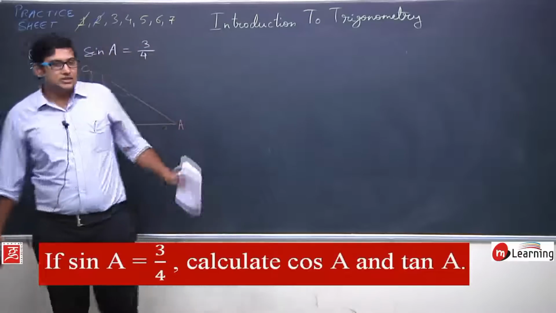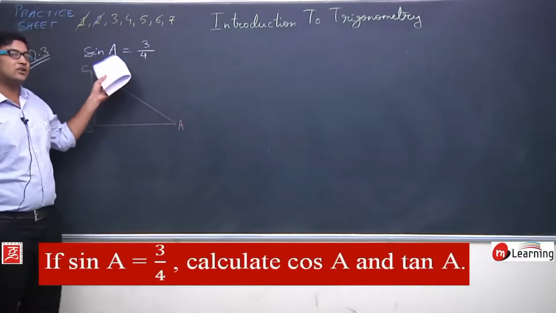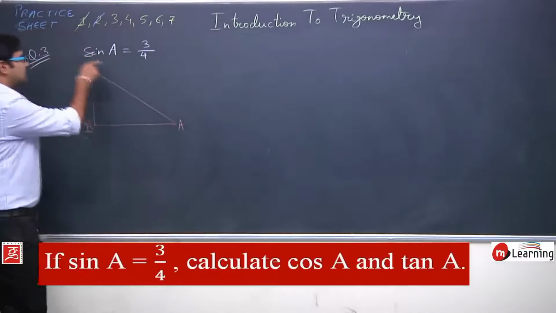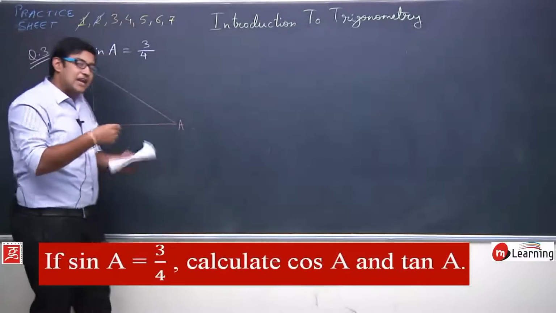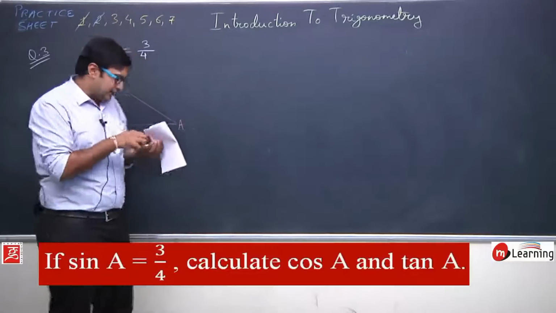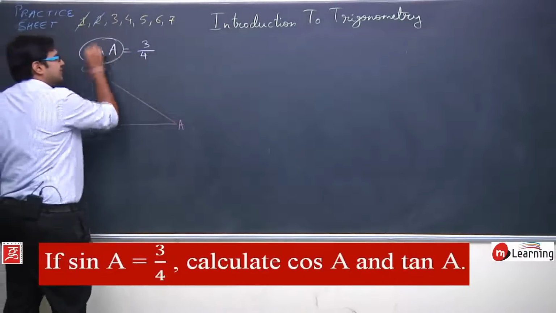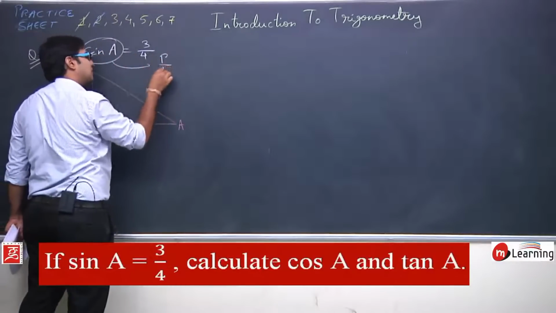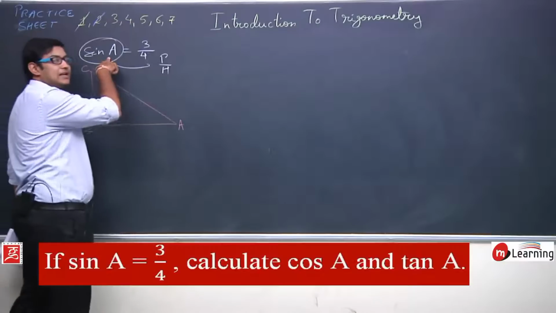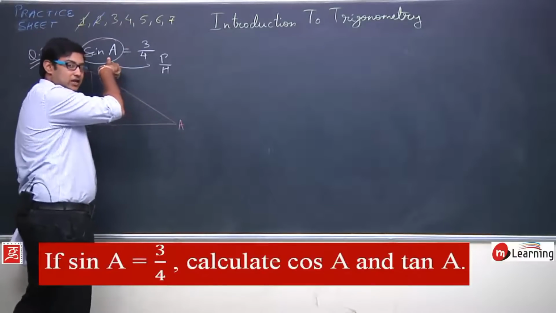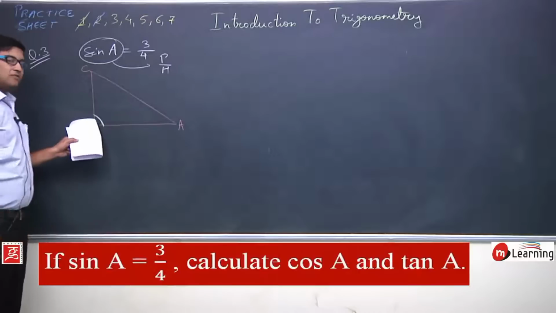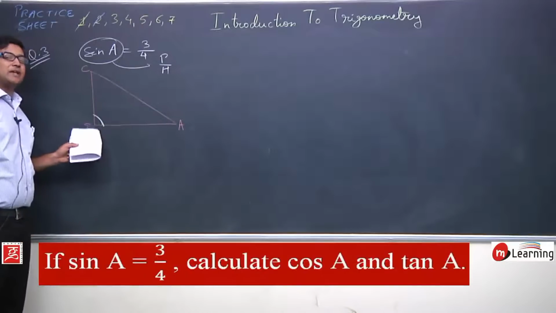It's because the sine ratio of this angle is 3 upon 4. And if sine of angle A is a value I can calculate, then what I can see is this ratio is perpendicular upon hypotenuse. This angle cannot be 90 degrees, okay, because for this angle, what will be the perpendicular and what will be the base?